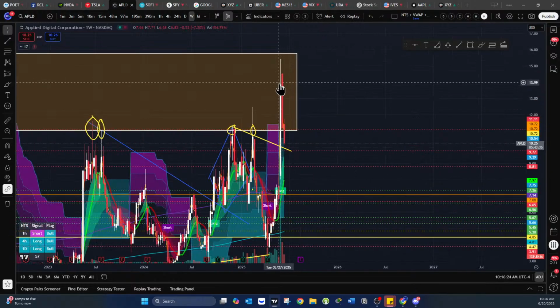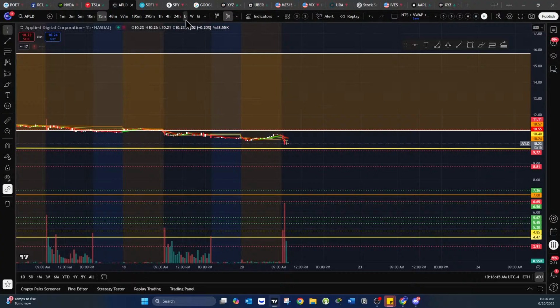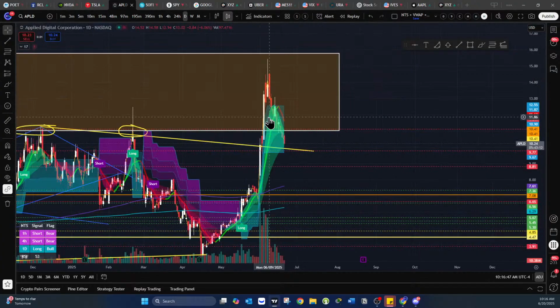Really ugly candles right here, man. This was like the week that it went 100%. It had almost 1 billion volume, which is crazy. And then the sell volume was like a third of that. And then they had news that CoreWeave sold their stake in it.